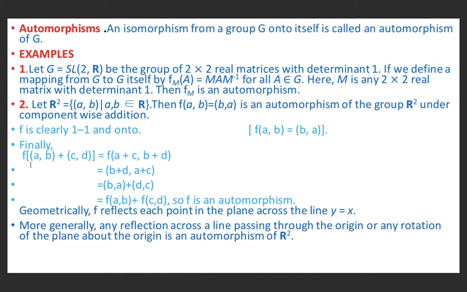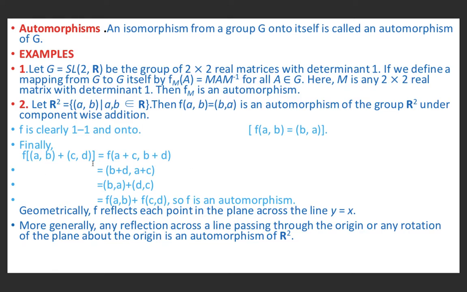It means f((a,b)+(c,d)) is equal to f of (a+c, b+d). We are adding the first component of the first vector with the first component of the second vector, so a plus c, and the second component of the first term is b and of the second term is d, so this is b plus d.